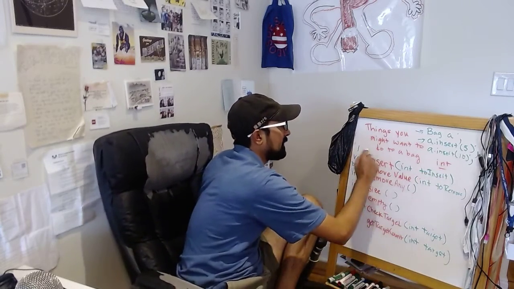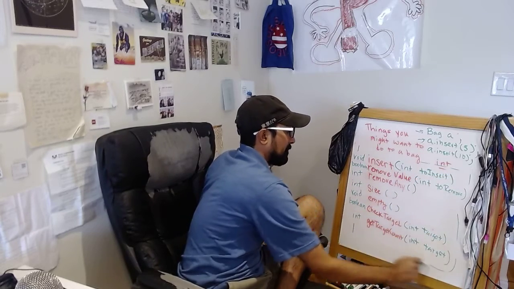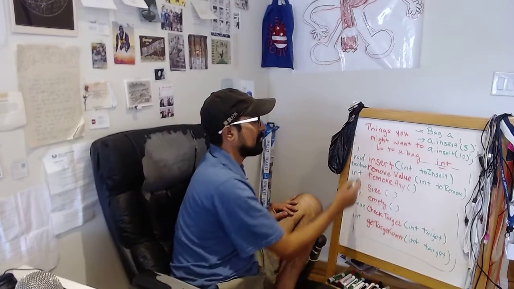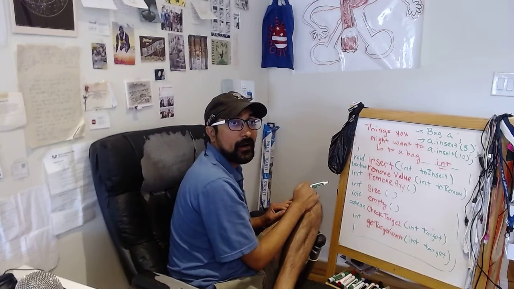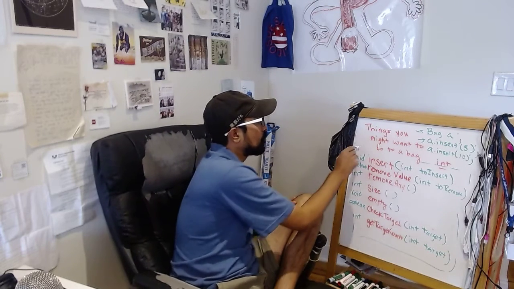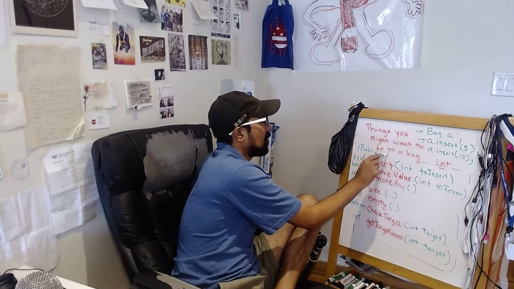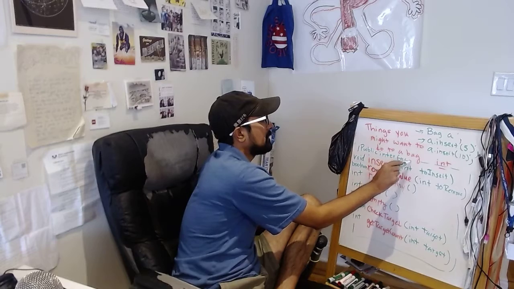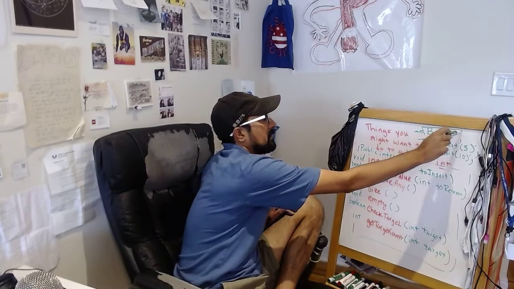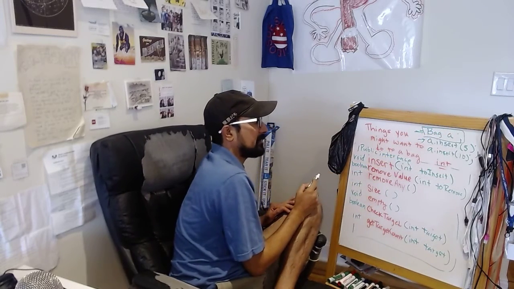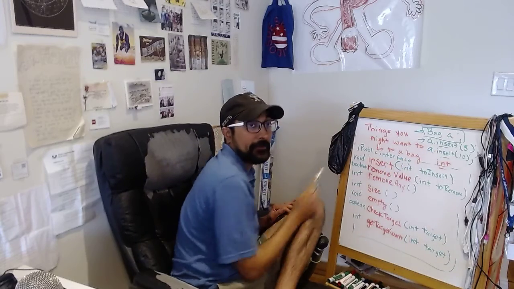What we've created here is a public-facing interface, which means these are all the public methods of a bag, and we can refer to that as a public interface. That means I can create an object of the bag class, and then I can call these methods on it.